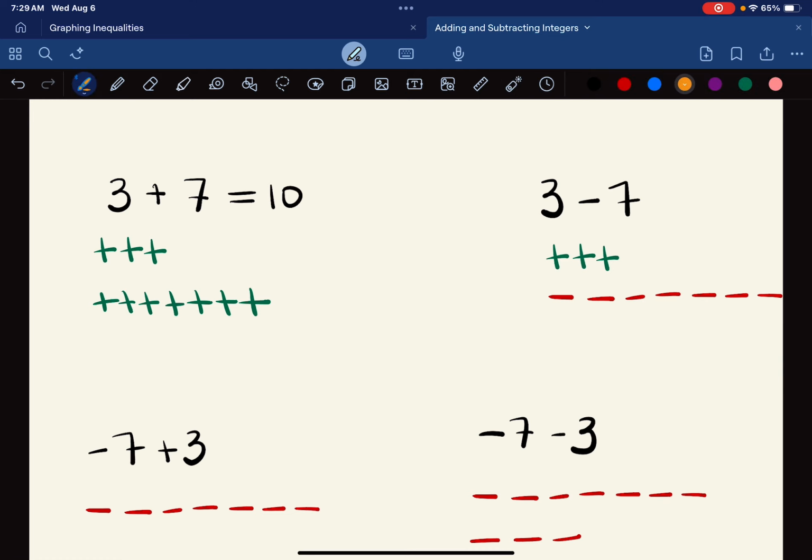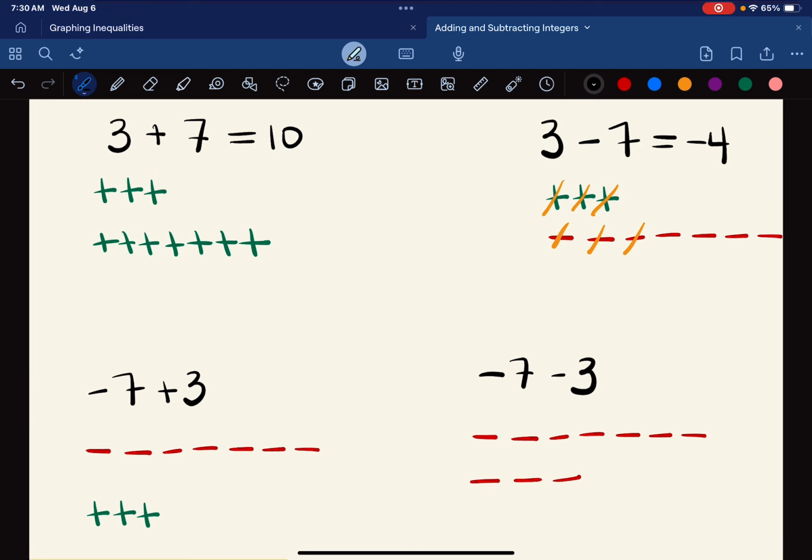So every plus sign can cancel one minus sign. Plus, minus, plus, minus. Well, what do we have left over? How many minus signs, how many of these negatives do we have? 1, 2, 3, 4. That is why 3 minus 7 is equal to negative 4.